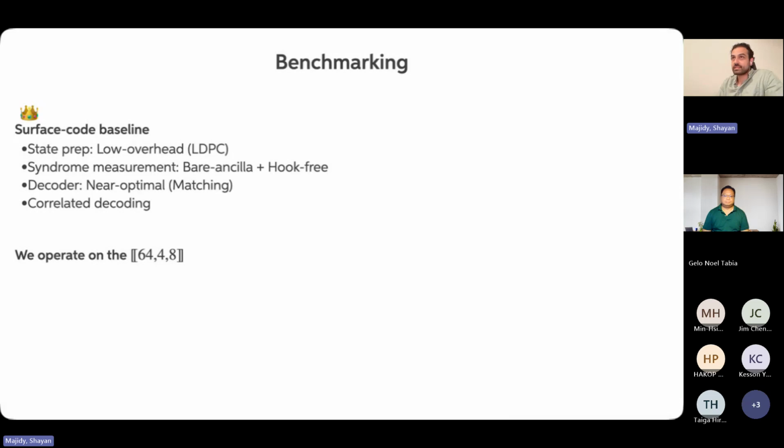We operate on a 6448 phantom code, and there are different challenges that we have to address to use this code. This is in the spirit of the cost of specialization. One is it's not a QLDPC code, so we have to use a different strategy for state preparation, and here we're using a preselection factory.